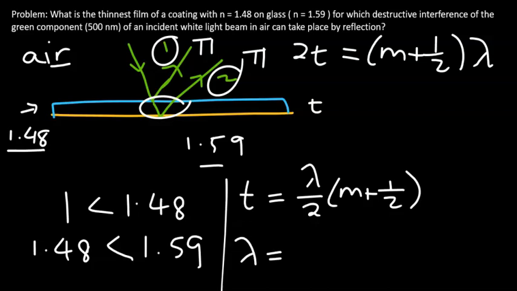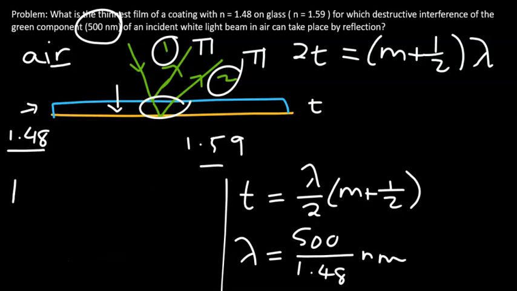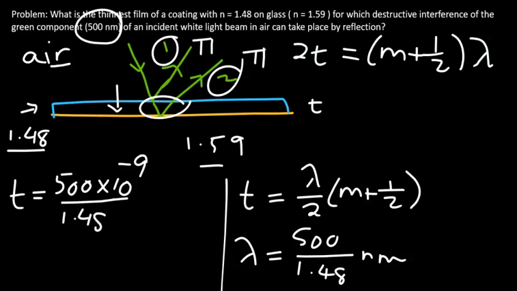Now lambda is the wavelength of that light inside this coating. The wavelength of green component is 500 nanometer in air or in vacuum. So within that coating, the wavelength would be 500 nanometer over the index of refraction of that coating, which is 1.48 in the unit of nanometer. So we can write T equals to 500 nanometer. So turn that into meter by multiplying 500 with 10 to the power minus 9 over 1.48, and then there is this 2 here, times m plus half.